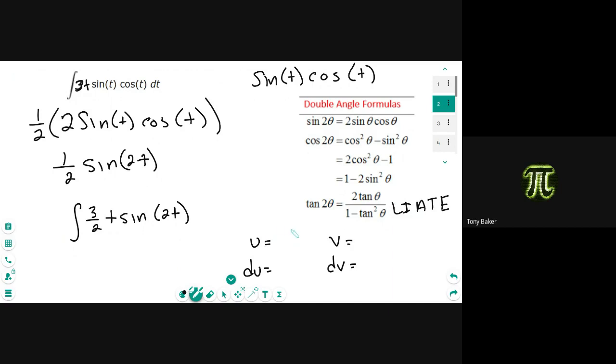So the algebra is first, so t is u, and this is just dt. And dv will be sine of 2t dt. So the integral of sine 2t is what?